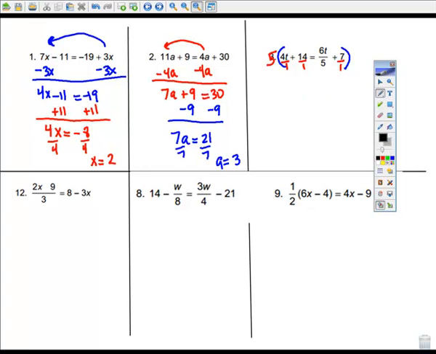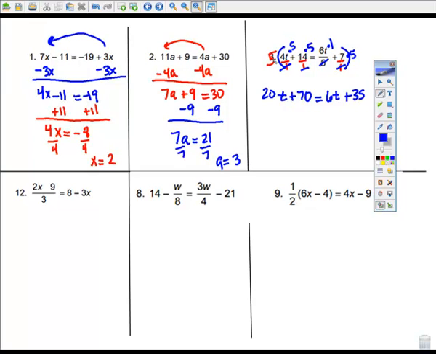So here we go. 1 divides into 5 5 times, so this is times 5. 1 again divides into 5, so this is times 5. 5 divides into 5 1 time, so this is just times 1. And 1 divides in 5, so there's times 5. So now let's go ahead and clean this up. 4t times 5 is 20t, plus 14 times 5 is 70, equals 6t times 1 is 6t, and 7 times 5 is 35.